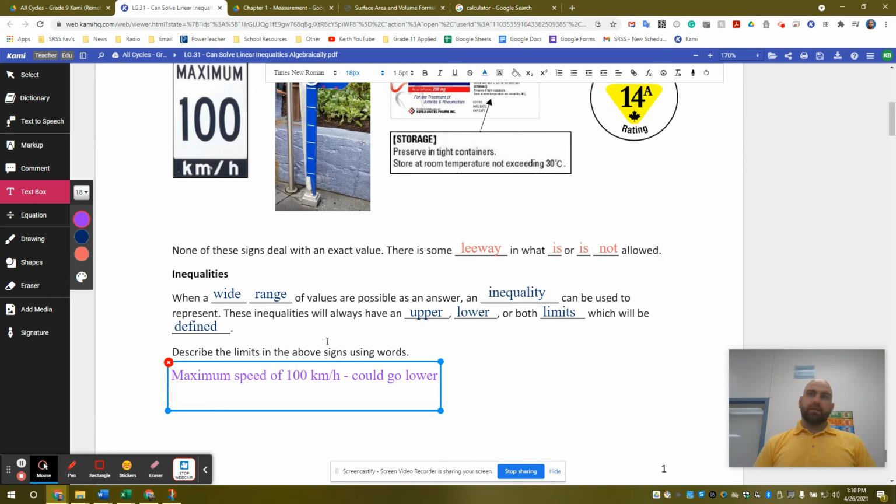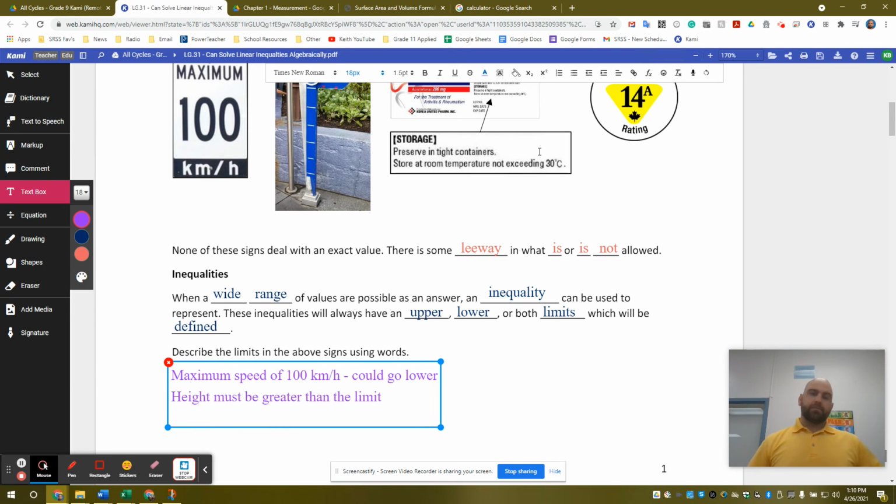There's our speed. So the speed needs to be less than or equal to 100. This next one, the height must be greater than the limit, and you cannot be shorter than that limit.